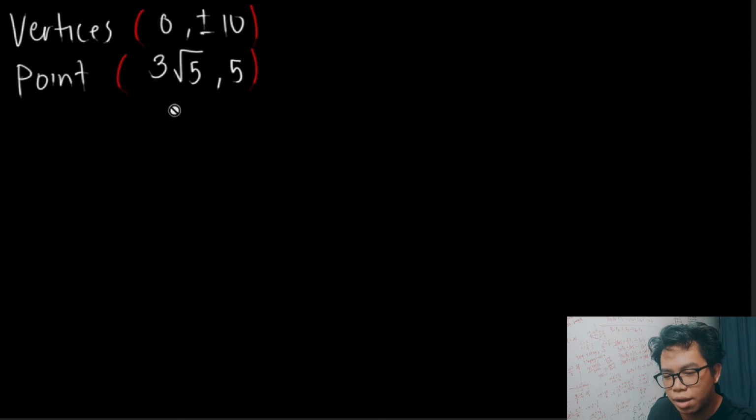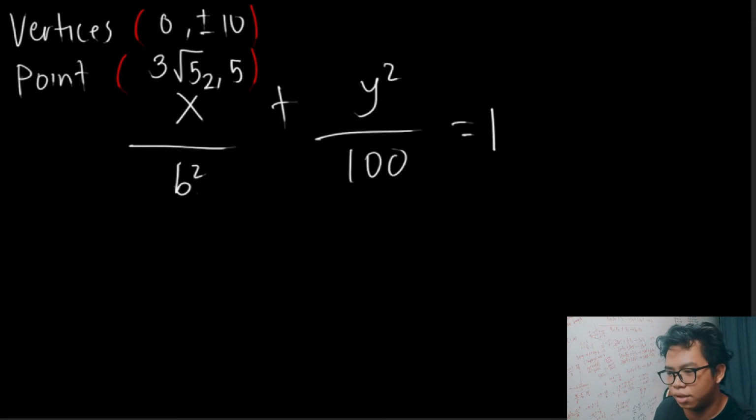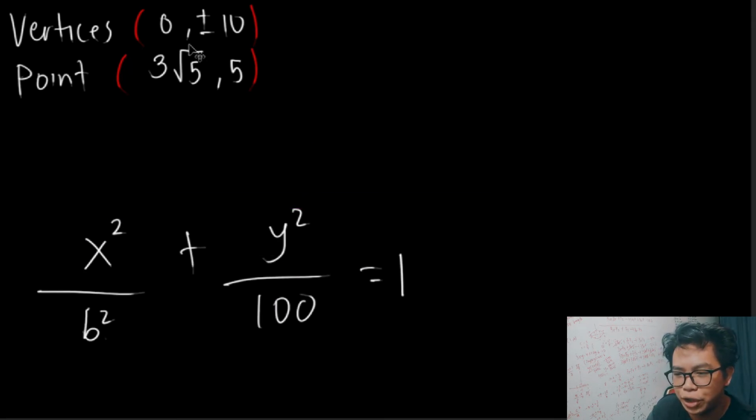Okay, yan na. Ayan yung point. May point na given, 3 square root of 5, 5. Paano ang gagawin natin dyan? Lagi tandaan na ang point ay x, y. Kapag may given kayong point, ipapalit nyo lang yan dito sa equation.